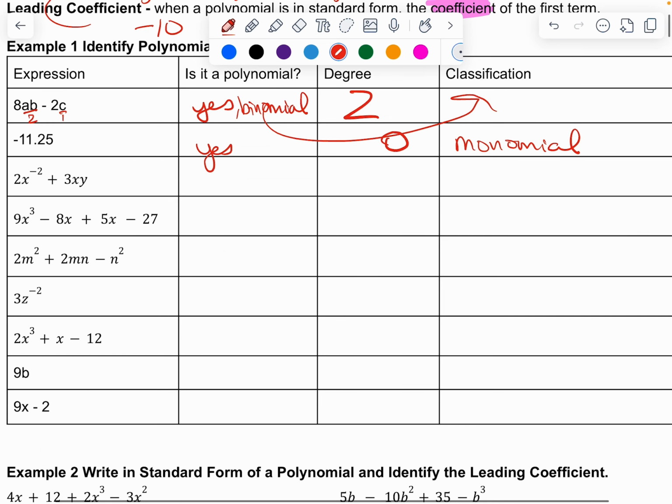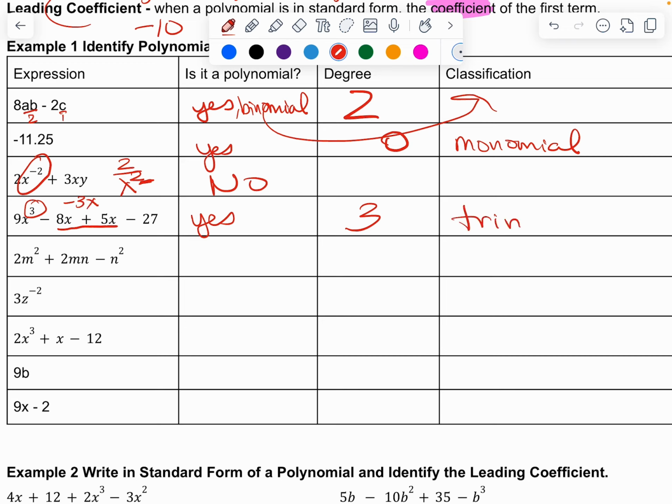This one would actually be 2 over x squared, so no. You can't have this in the denominator. The next one is yes. For the highest degree, there's only one variable, so we just look at the exponent. So that's 3, and you can put these together to be negative 3x, so that is actually a trinomial.